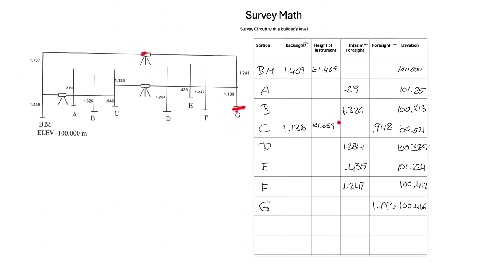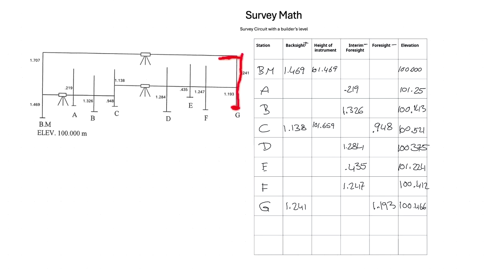We just figured it out, and we need to set up our new height of instrument. So how do we do that again? Well, we have a backside reading of 1.241, and we take our elevation plus our reading to give us a new height of instrument.